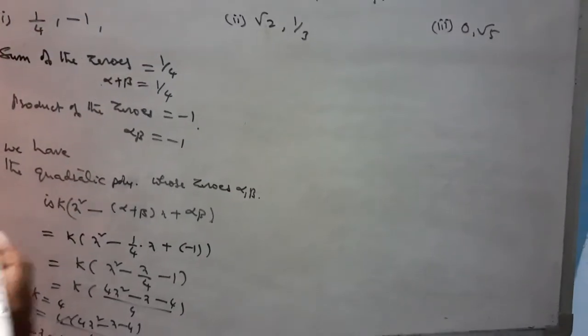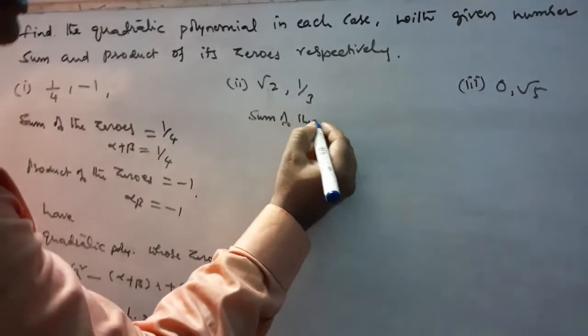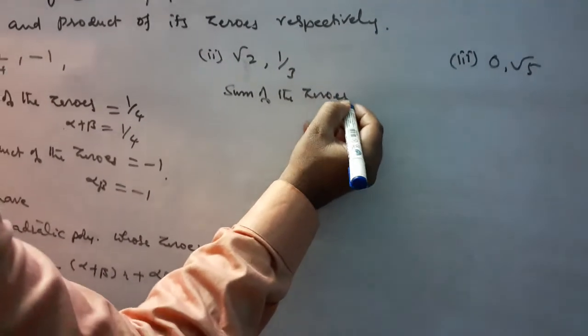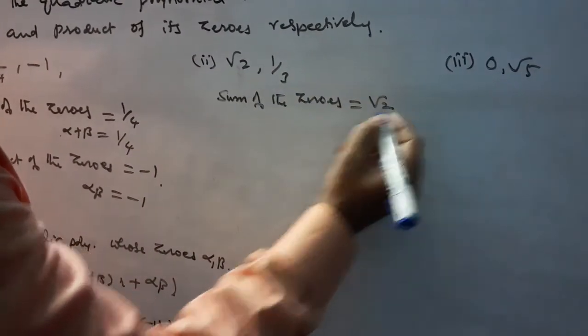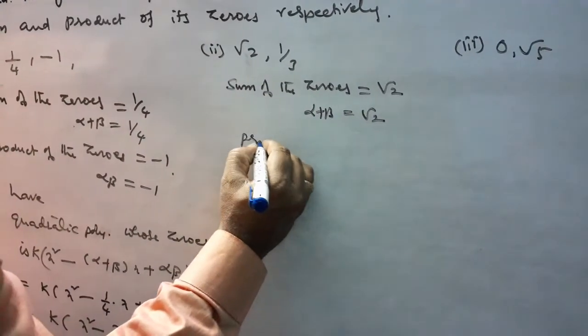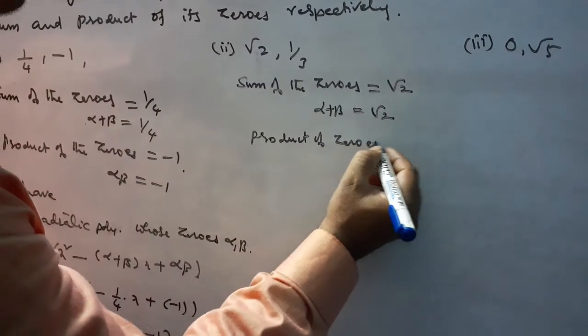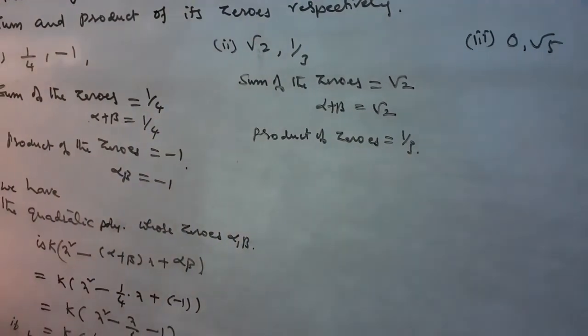And the second one, it is given the sum of the zeros is equal to root 2. That means alpha plus beta is equal to root 2. Next, the product of the zeros is equal to 1 by 3.